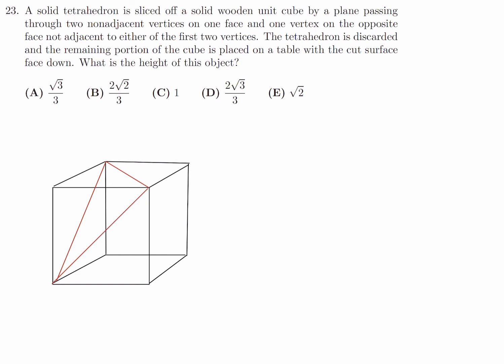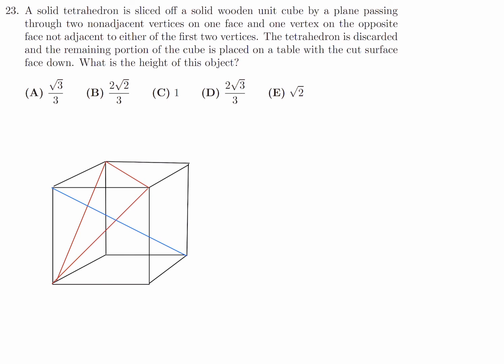Now, what am I being asked in this question? I'm being asked to find the height. So when you cut this and discard it, the height will be from one end to the other. So we are going to calculate it like that. If I draw a line from one end to the other, that represents obviously the full diagonal.